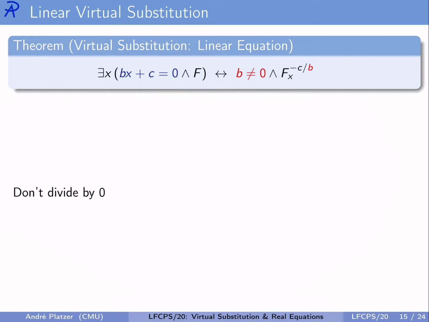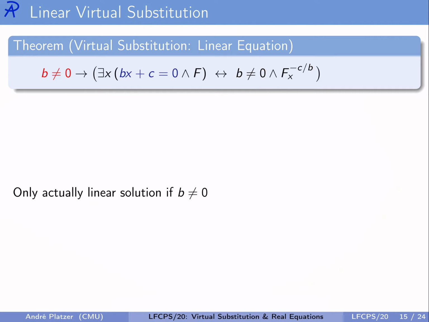Good. And now, of course, division requires care. We really shouldn't be doing that if b is 0, right? Because division by 0 has all kinds of funny values, but we don't know which one. So it is equivalent to that if b is not 0, which in general we can't really know, because we don't know what shape the term b has.